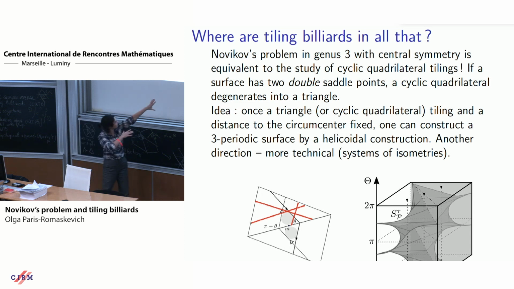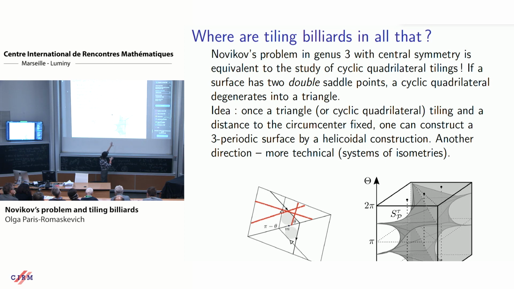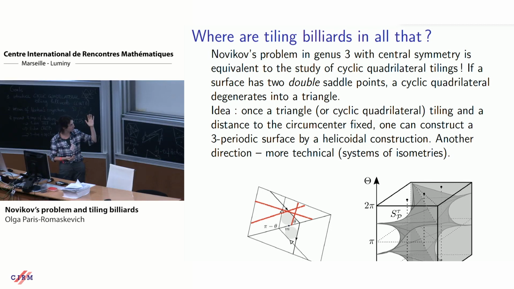And so here I have constructed actually a fundamental domain of the surface, and then you draw it in all directions, and you enter in the Novikov's problem paradigm, because the horizontal sections of your surface are exactly tiling billiard trajectories, and we know that they are almost always periodic or linearly skipped. So this is a simply explainable connection from one side to another.